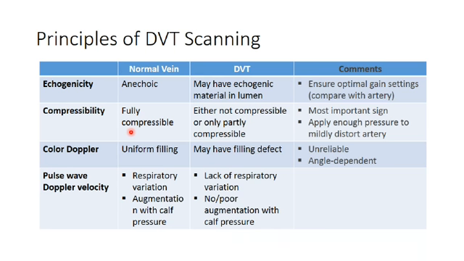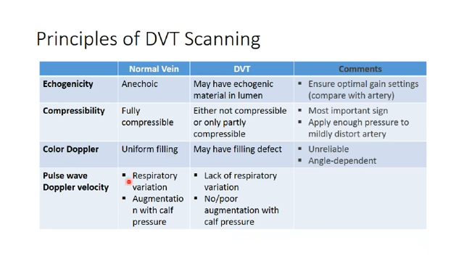If you apply color Doppler, then you should have a nice, beautiful, smooth, uniform filling inside, and you'll have respiratory variation of flow velocity. So if the patient is breathing in and out, inspiration and expiration, then there will be a phasic variation of the velocity if there is no occlusion of the proximal venous system. So, okay, if the veins proximal to the probe location are patent, then you will have phasic variation.